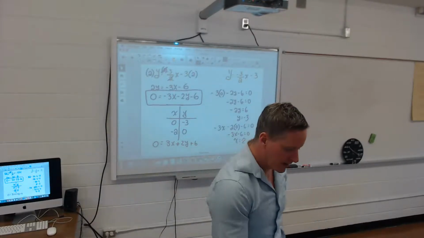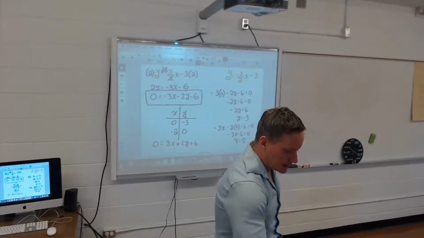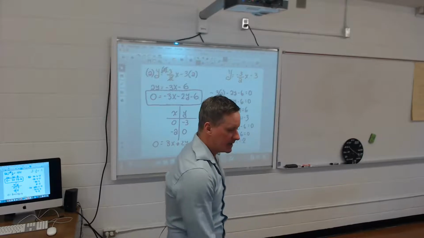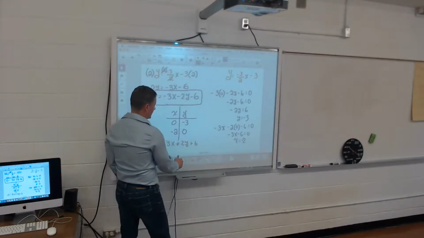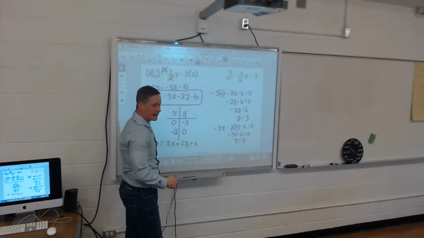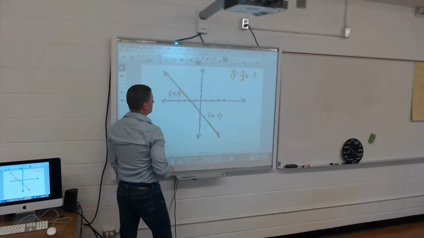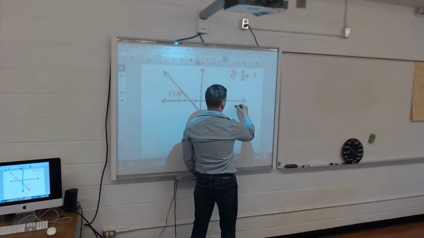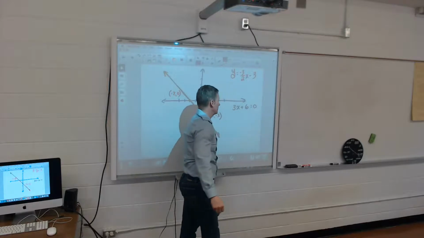Okay? So right here, I have 3x plus 2y add 6. So in the equation in the book in D, there's 3x plus 6 equals 0. So how is this equation different? Well, it doesn't have the 2y in it. The 2y comes out of it. So then it says, okay, well, I want you to graph 3x plus 6 equals 0.